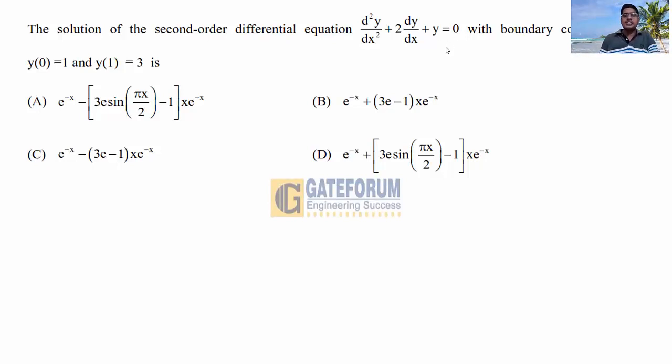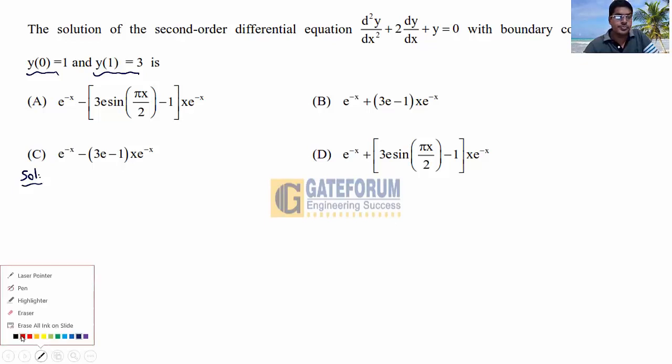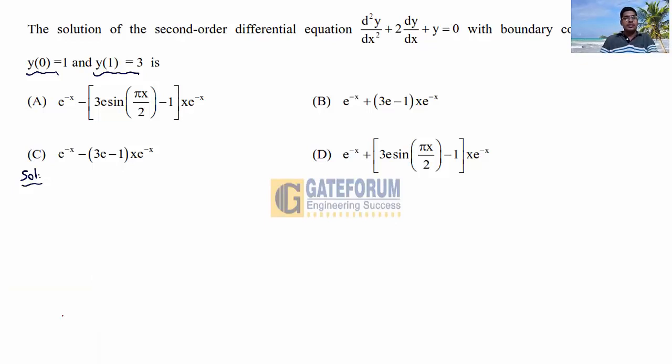Whenever the right side is 0, the solution is called the complementary function. Boundary conditions are given to determine the arbitrary constants C1, C2. The first step is to write the auxiliary equation, whose notation AE stands for auxiliary equation.